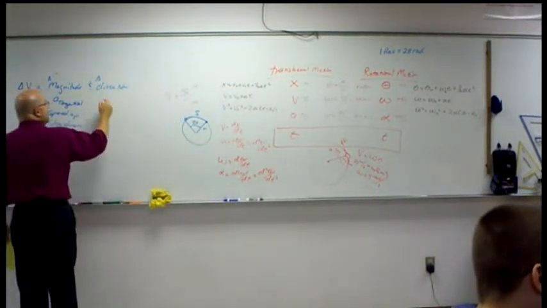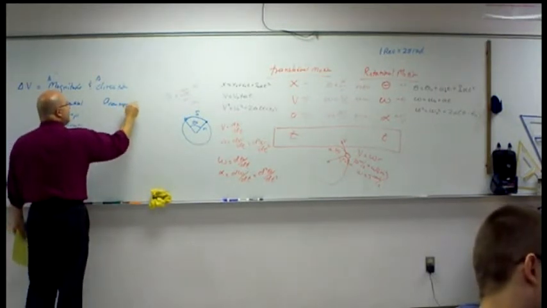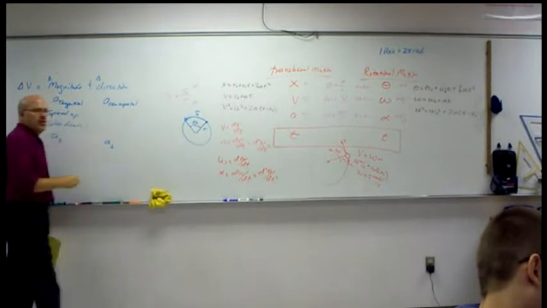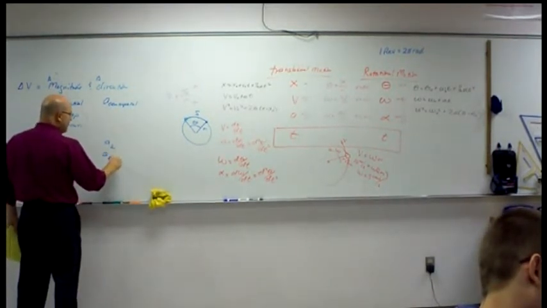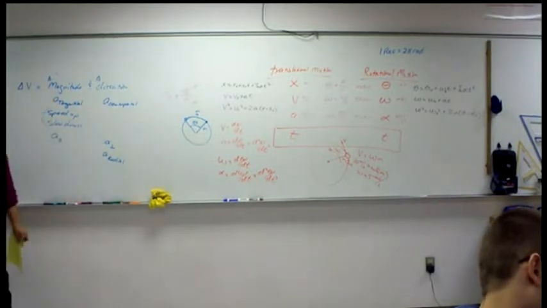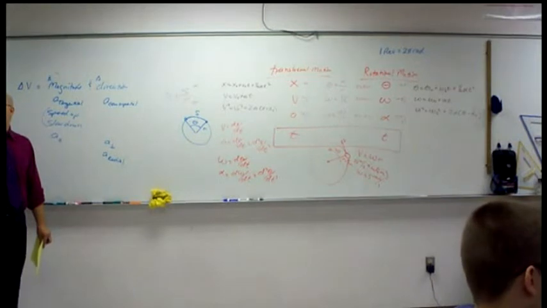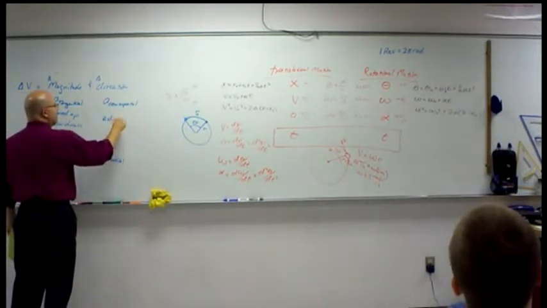All right, this is centripetal, or sometimes called perpendicular, or sometimes called radial acceleration. The reason why it's called perpendicular or radial is because it acts along the radius of the turn. So this is change in direction.